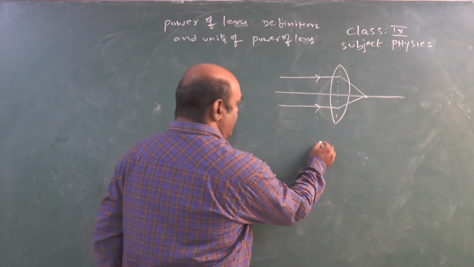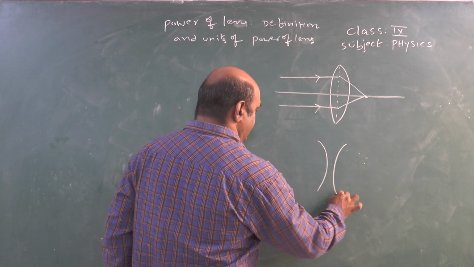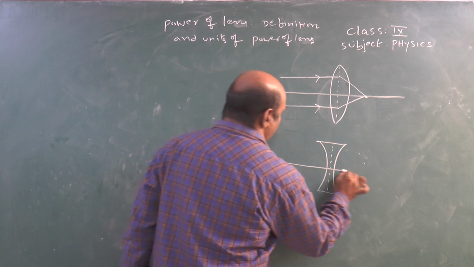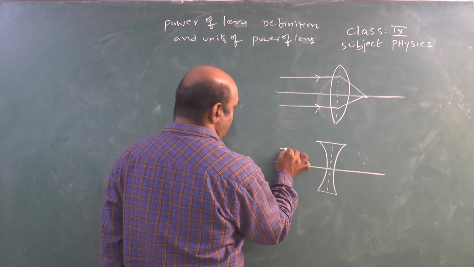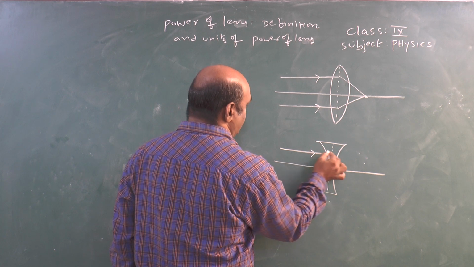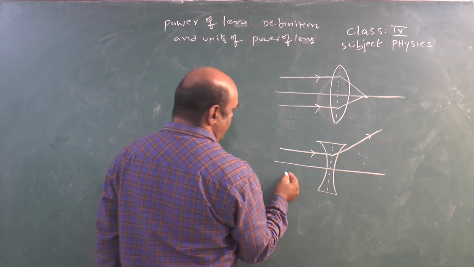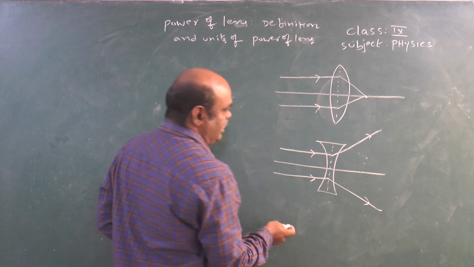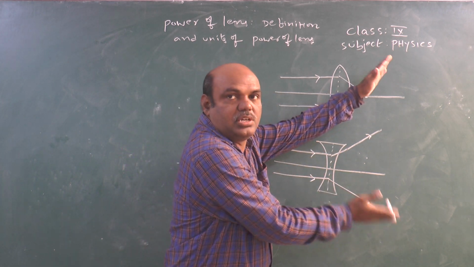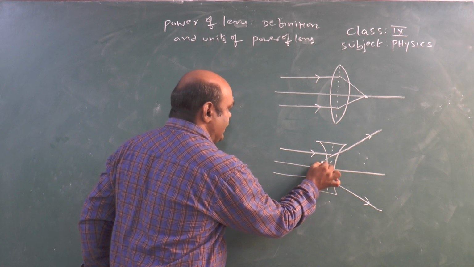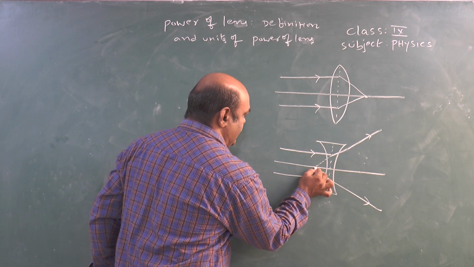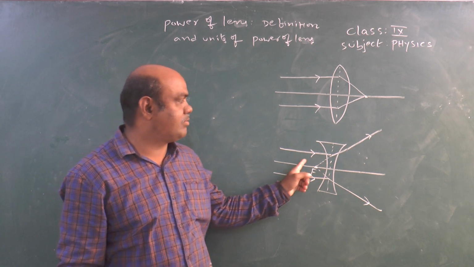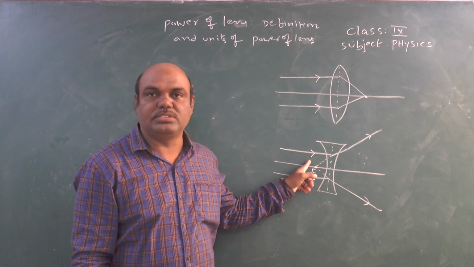Otherwise, if you consider a concave lens, it is also called a diverging lens. So why is it called a diverging lens? Because the light rays parallel to the principal axis diverge like this. By back extension we will get a focus point here. This is called the focus point of this concave lens.